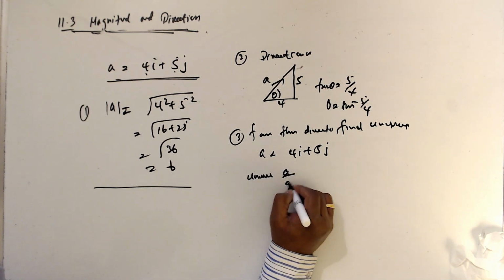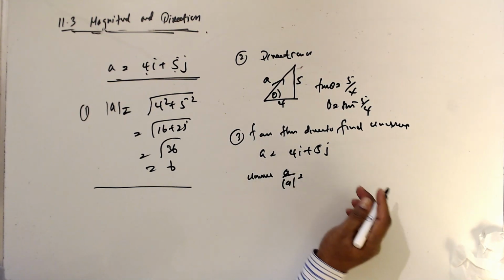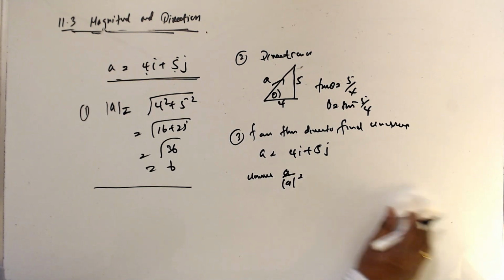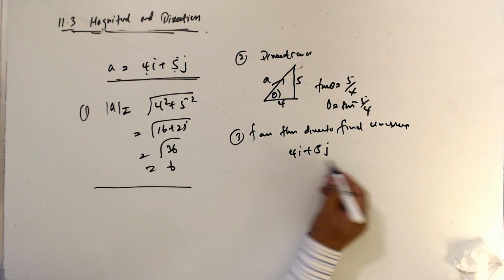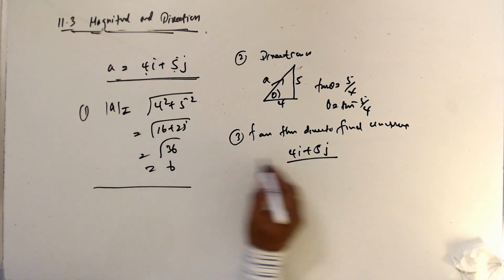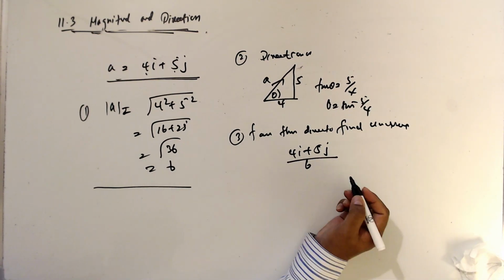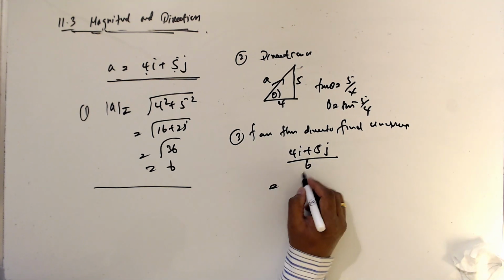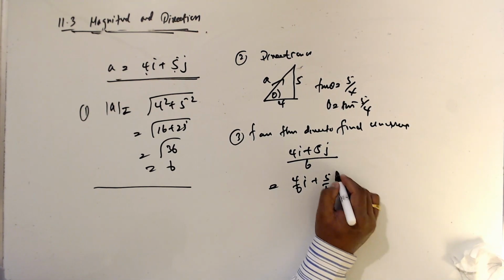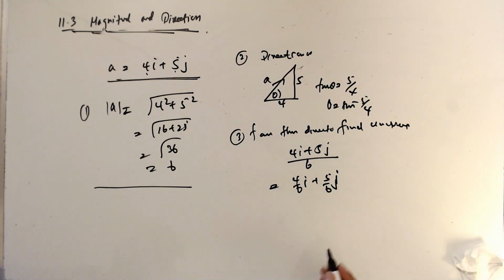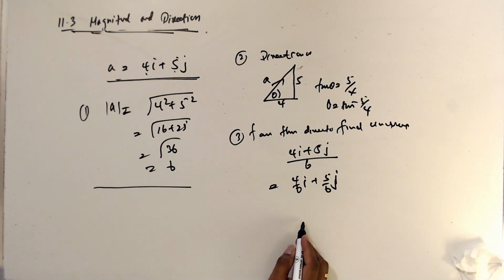It means A divided by mod A. Or simply, the unit vector is this vector divided by its size. What is the size? 6. So we write in an organized manner like this: 4 over 6 i plus 5 over 6 j.